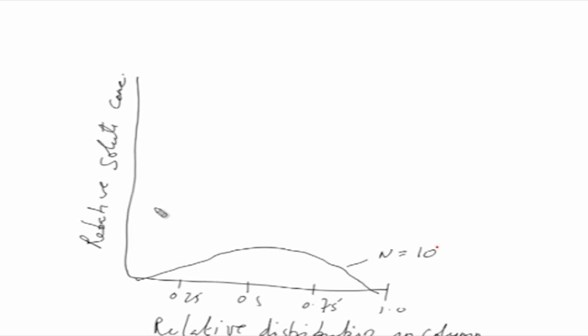So, the lower the number of theoretical plates, the lower the quality of the separation. Now, let us increase the number of theoretical plates. Let us say there are 100 theoretical plates, then there will be certain improvement in the peak, and you will see that the peak is better than the previous one where theoretical plates were 10.